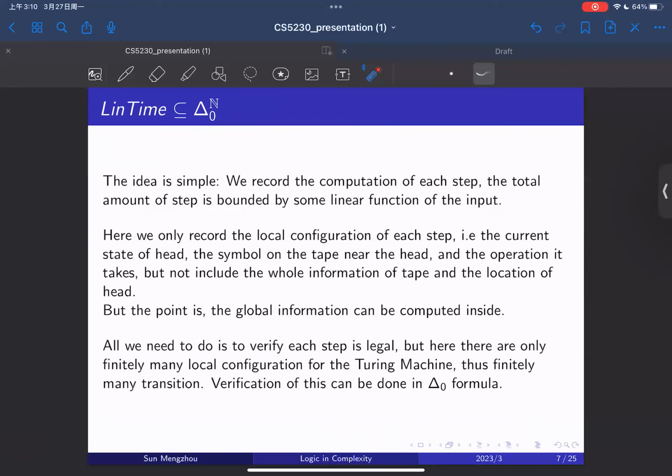We record the computation of each step, and the total number of steps is bounded by some linear function of the input. So we may write there is an S, where S is a sequence of steps, so the length of S is bounded by some linear term of the input x, such that S is a sequence of computation.